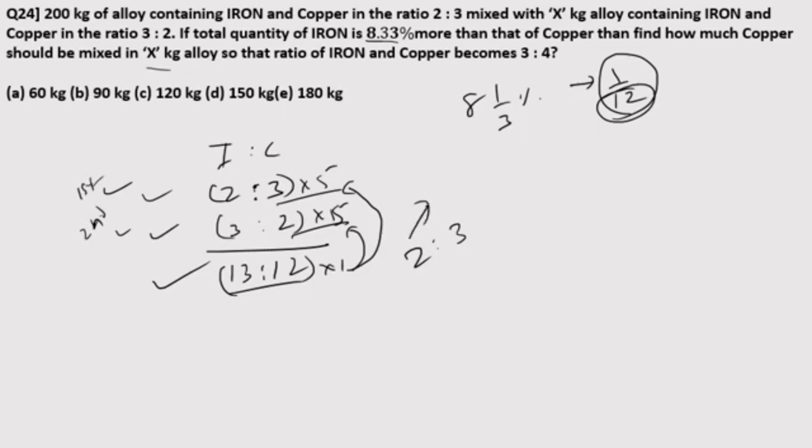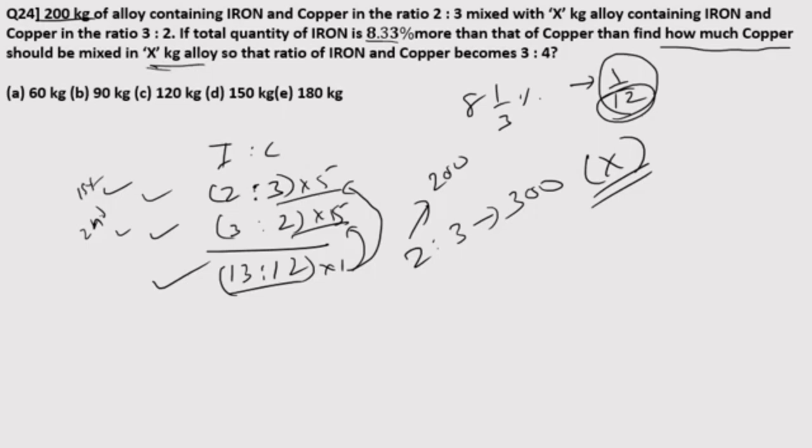Now 2 parts correspond to 200, it is given in the question. 2 parts of the first mixture, so 3 parts will correspond to 300, and 300 is the value of x. Now it says find how much copper should be mixed in x kg alloy.